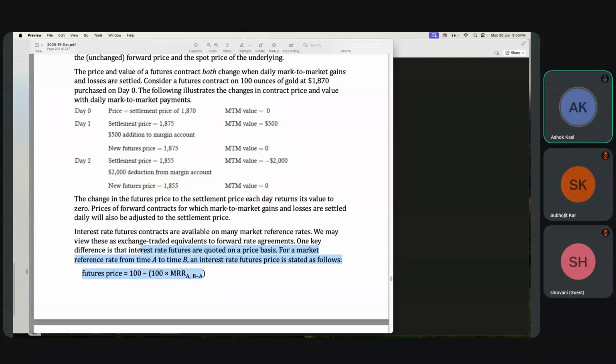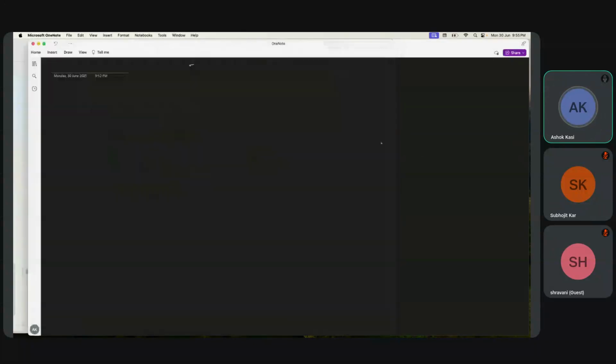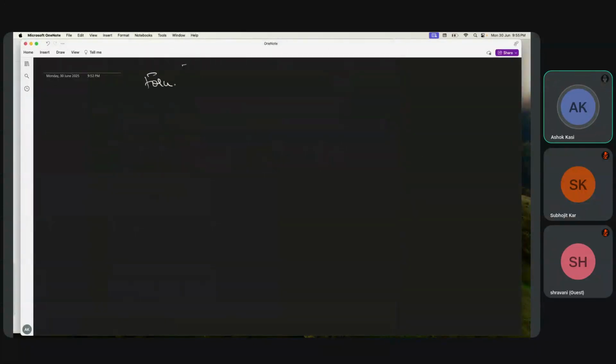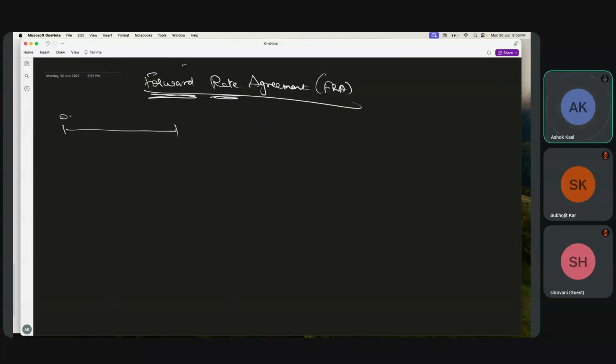See, I'll just quickly brief you what is FRA, forward rate agreement. When you say forward rate agreement, forward means you are locking in advance, but what? Not the price, the rate. So here it's like after 3 months, you are agreeing to borrow at some rate.